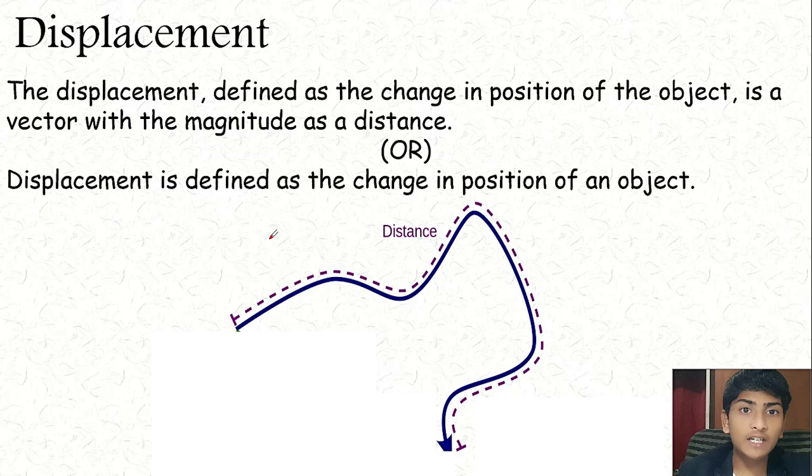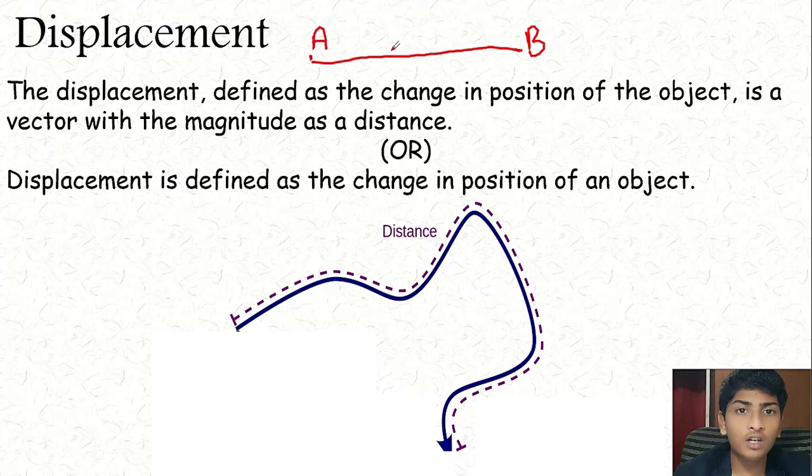Next, displacement. Displacement is defined as the change in position of an object, and it is a vector. If we take this as point A and point B, this is a position and this is also a position. This movement is called displacement, including direction, and only then is it called a vector.